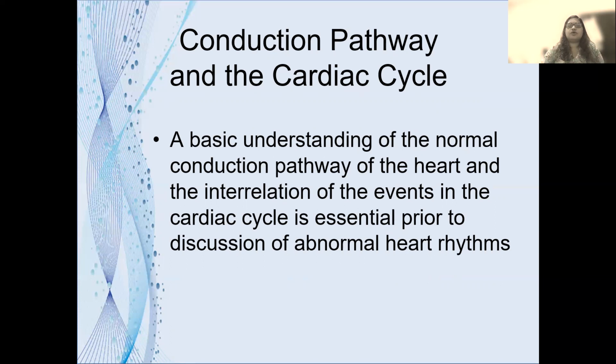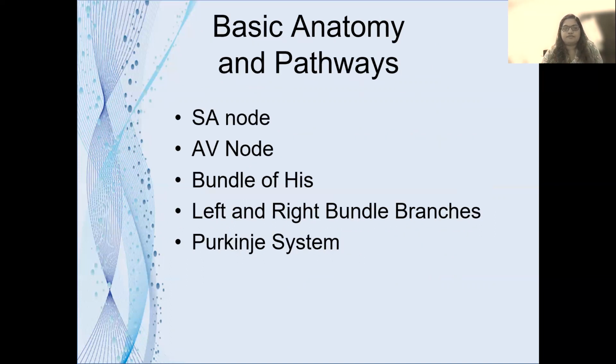Now, let us go through the conduction pathway and the cardiac cycle. The basic understanding of the normal conduction pathway of the heart and the interrelation of the events in the cardiac cycle is essential prior to the discussion of abnormal heart rhythm. So you have to know what is normal in the conduction pathway to know what is abnormal.